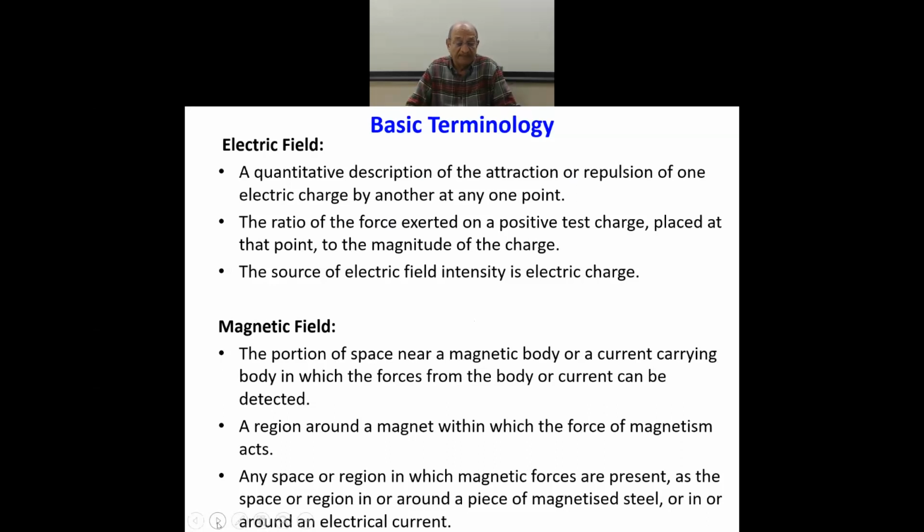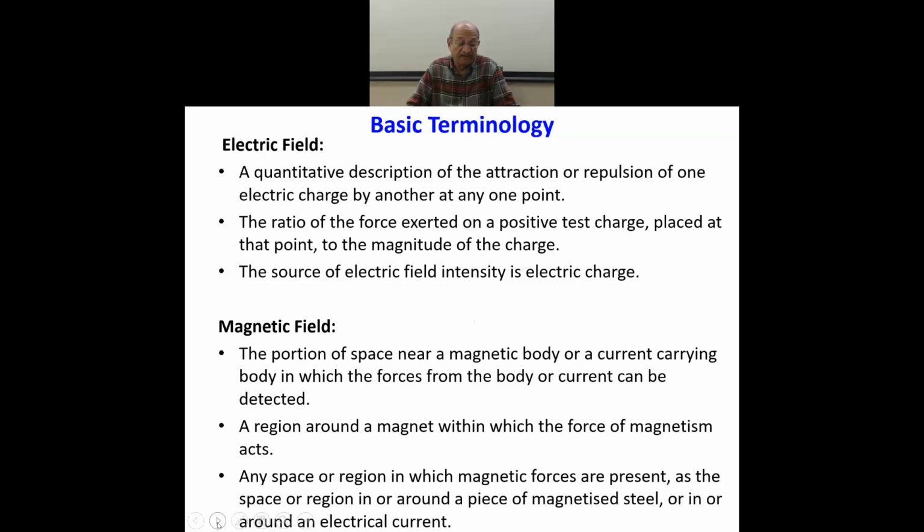That attraction or repulsion force can be described as the quantitative electric field. It is also described as the ratio of the force exerted on a positive test charge placed at the point to the magnitude of the charge.